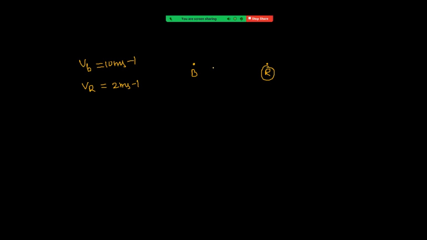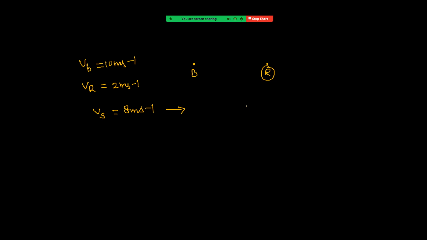Medium is now water. Let us calculate Vs, the velocity of source. Now the boat is the source, so the velocity of source with respect to medium is 8 meter per second, and that is towards the right side, means towards the receiver.